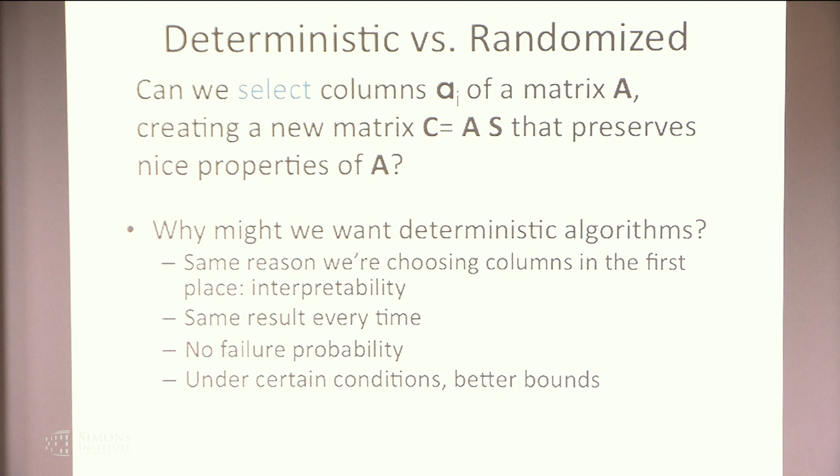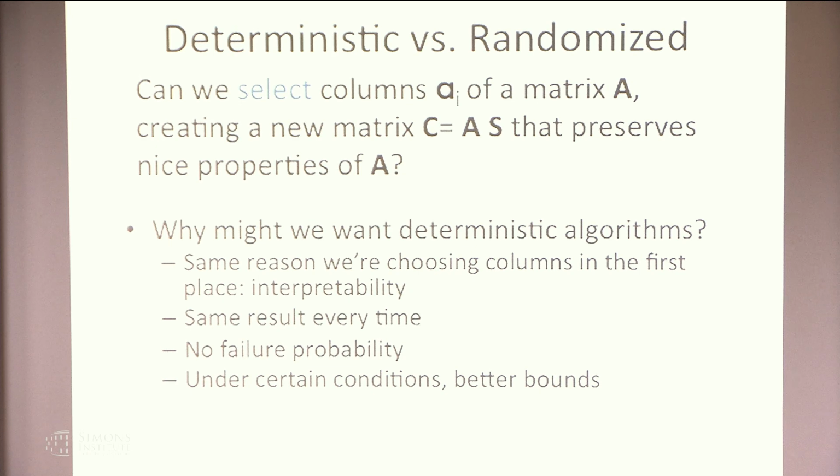Biologists, and not just biologists but people in general, like it if you run a procedure or an algorithm and you get the same answer every time, so you have some confidence in your results and what they mean. There's no failure probability, and under certain conditions, which I'll touch on briefly through my talk, there are bounds that are actually available if your data has a certain signature.